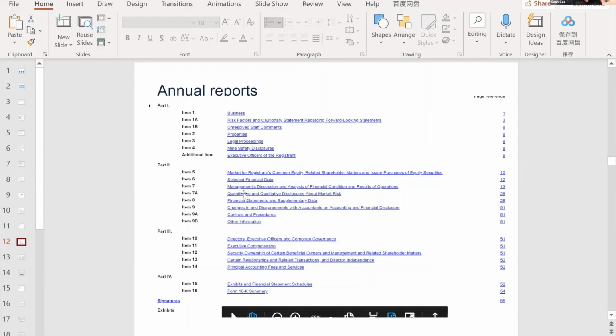Let me give you a very brief introduction of what each section is for. So Item 1. The main purpose of Item 1 is to introduce the nature of the business of McDonald's. For example, McDonald's will introduce themselves as a franchise, they sell fast food, and that's the main purpose of Item 1: introduce the product, introduce the business description.